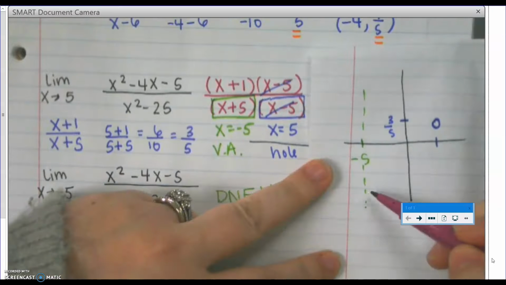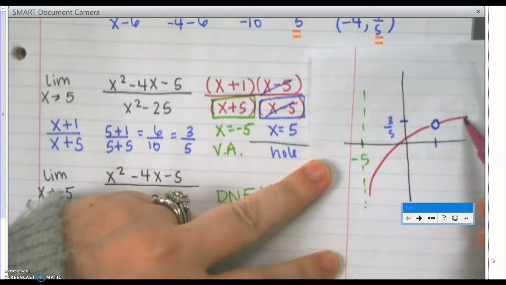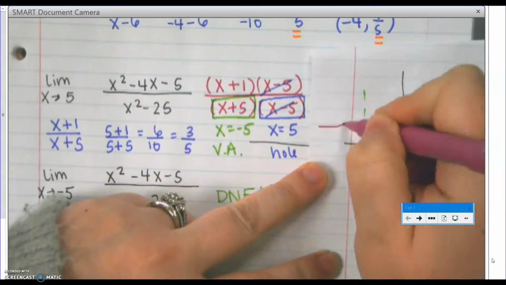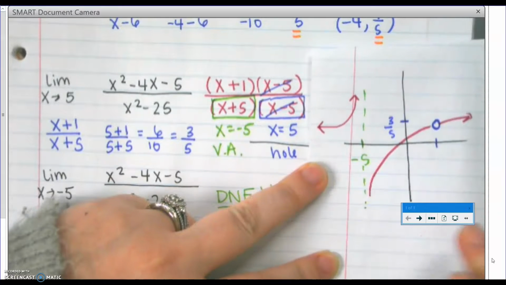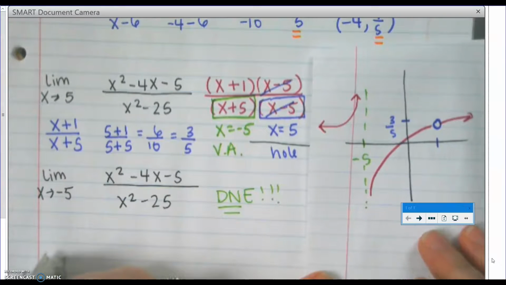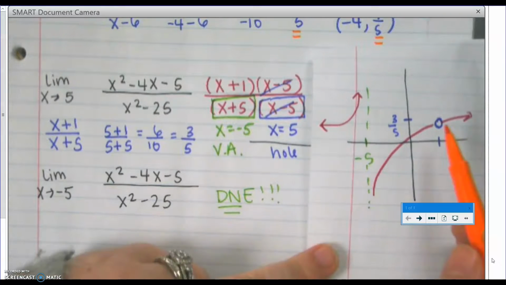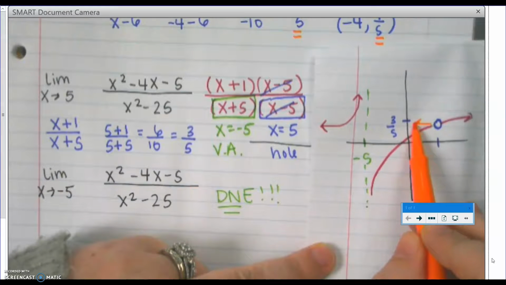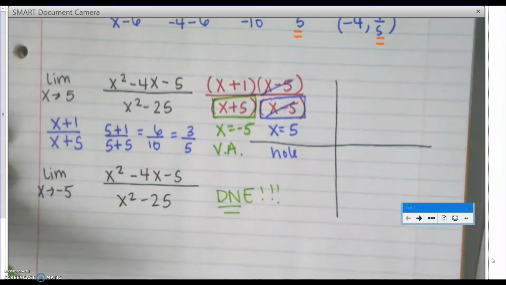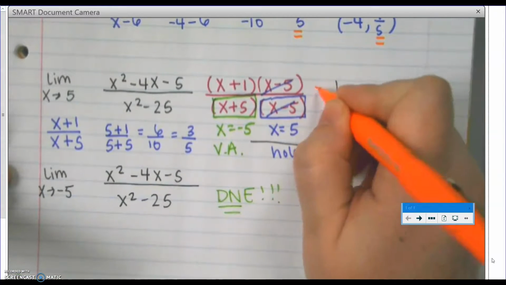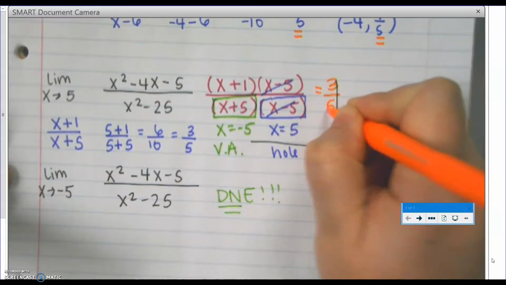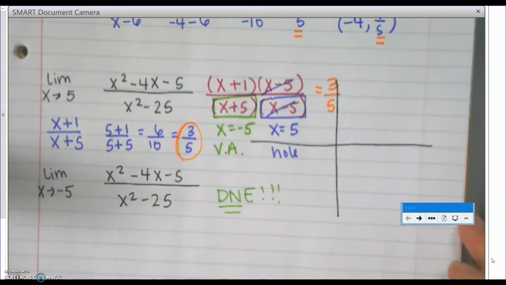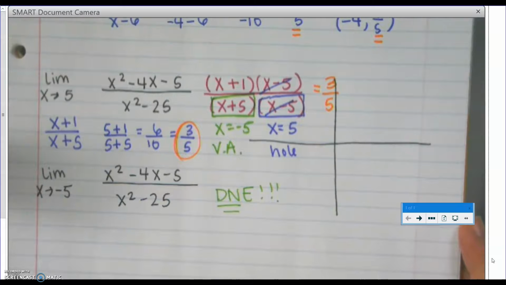So this graph probably looks something like this. All right, so I can tell from my hole that the limit does exist because as you approach from the left and as you approach from the right, they're going to approach that same y value. So to answer this first question, the answer is 3/5, the y value of the hole.